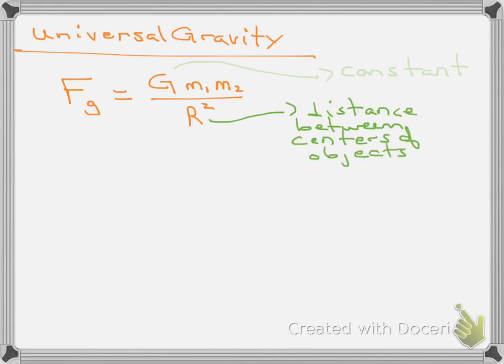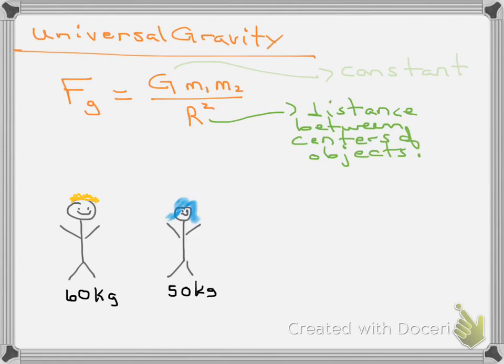Now, what if we were to apply Newton's law of universal gravity to two people that pass in the hallway? So let's say that we have two persons. One has a mass of 60 kilograms, the other has a mass of 50 kilograms, and they pass each other in the hallway at a distance of 2 meters.